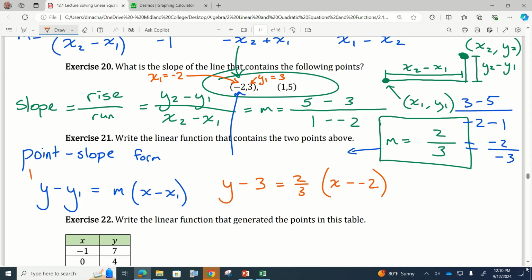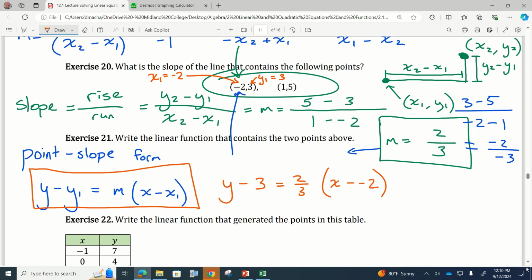And so by following the point slope form formula, plugging in the right values for m, y1, and x1, I got an equation. And this equation is going to describe a line in the plane that passes through those 2 points.